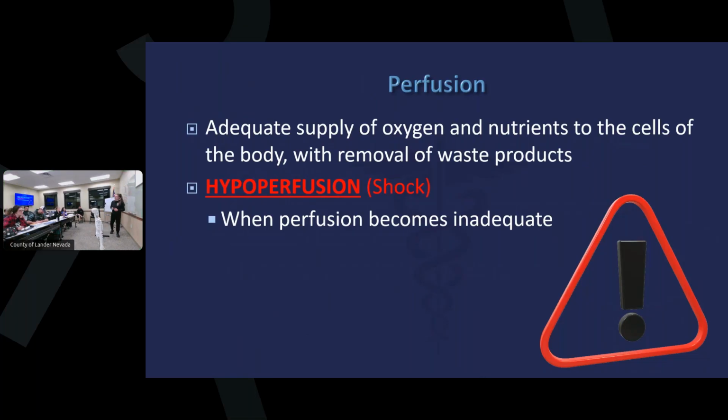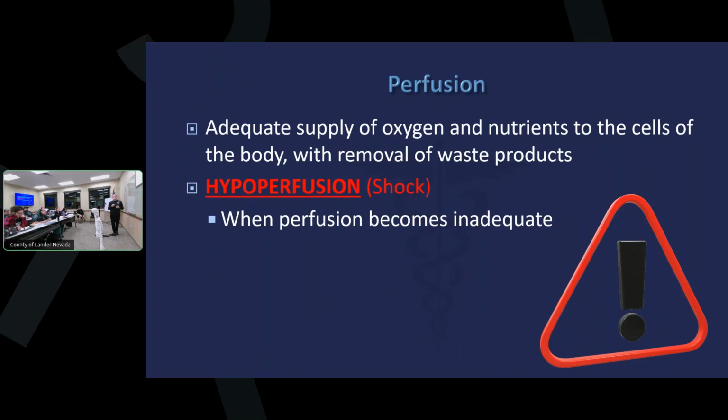Here's that word again. Perfusion means that the body has adequate blood flow and is getting appropriate oxygen and nutrients on a microscopic level, right? From there, there's waste that our body creates whenever we metabolize, and it gets offloaded.